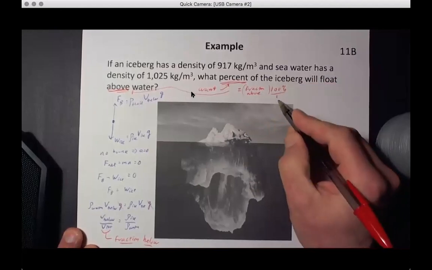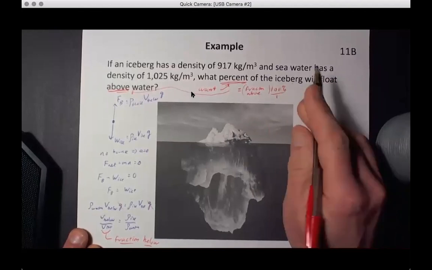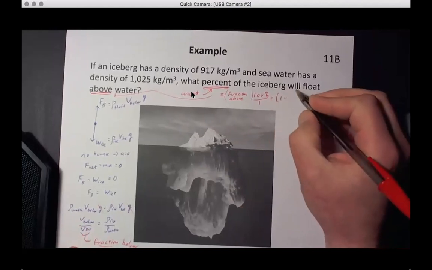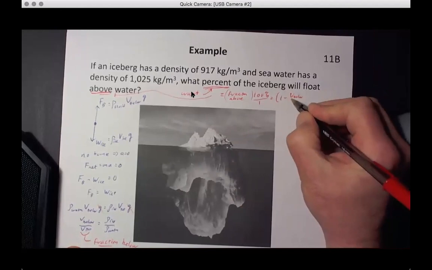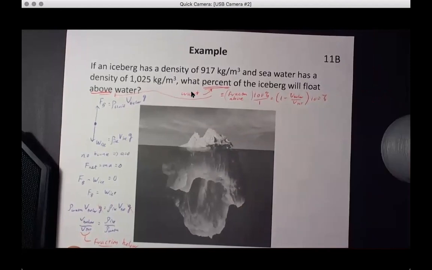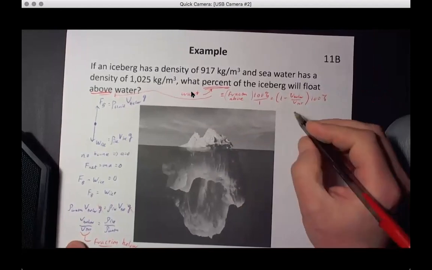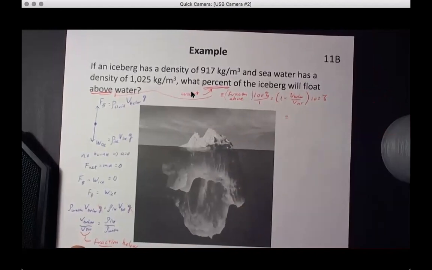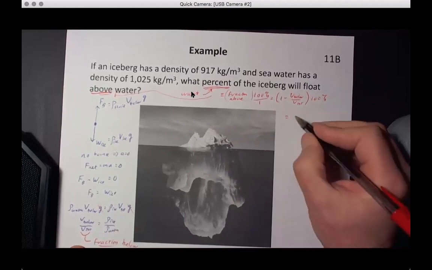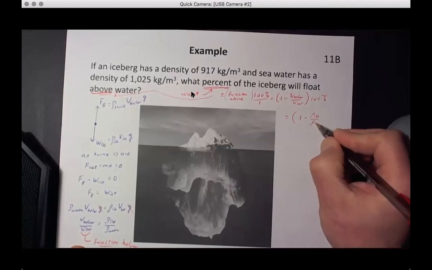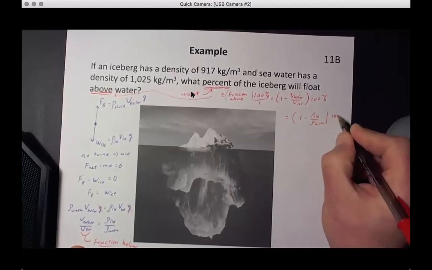Now 100% is equal to 1, so as a unit conversion, 100% divided by 1 is equal to 1. And the fraction above is, of course, 1 minus the fraction below, V below over V total, times 100%. If we plug in this ratio here, this is 1 minus rho ice over rho water, times 100%.